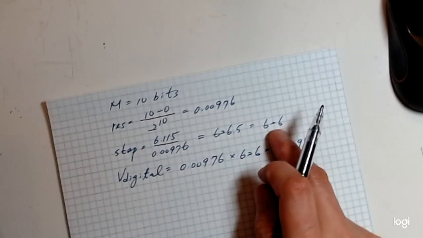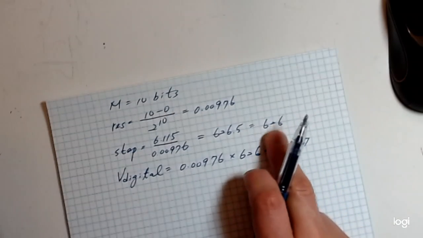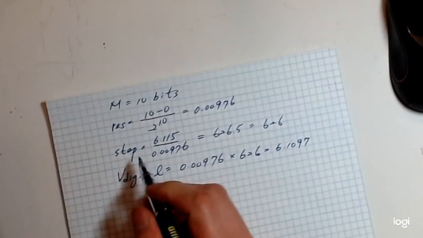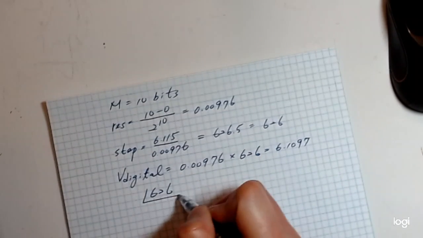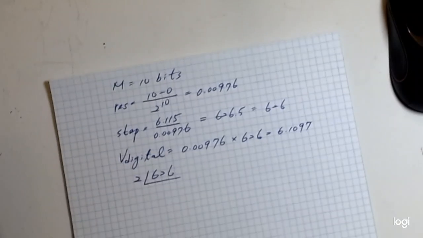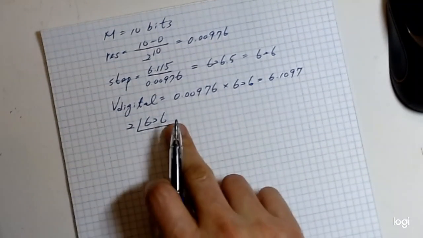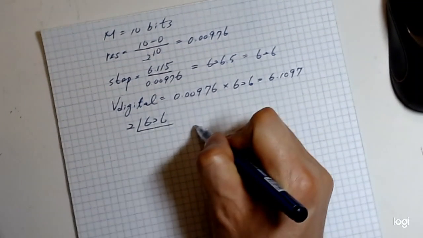Binary. So how do we get binary? We put this 626 decimal number in terms of a binary number.